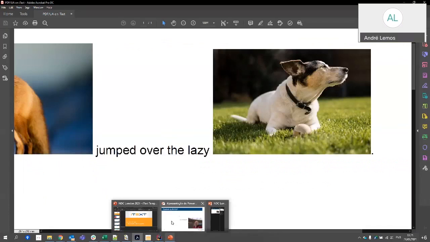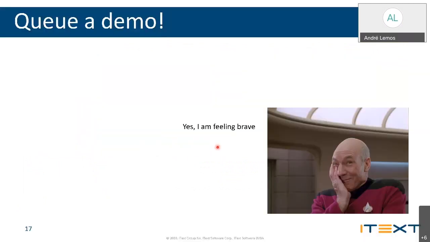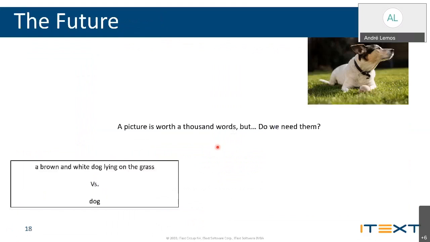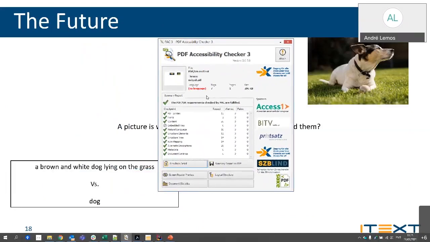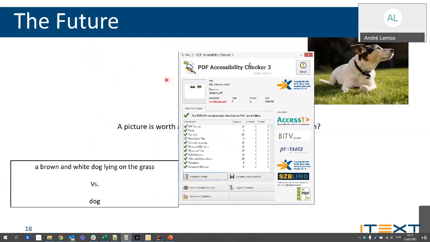So let's just jump back to the demo to discuss this a little bit. We're not there yet, right? The dog kind of failed for us. We technically generated a PDF UA compliant document, the 508 compliance thing for the US.